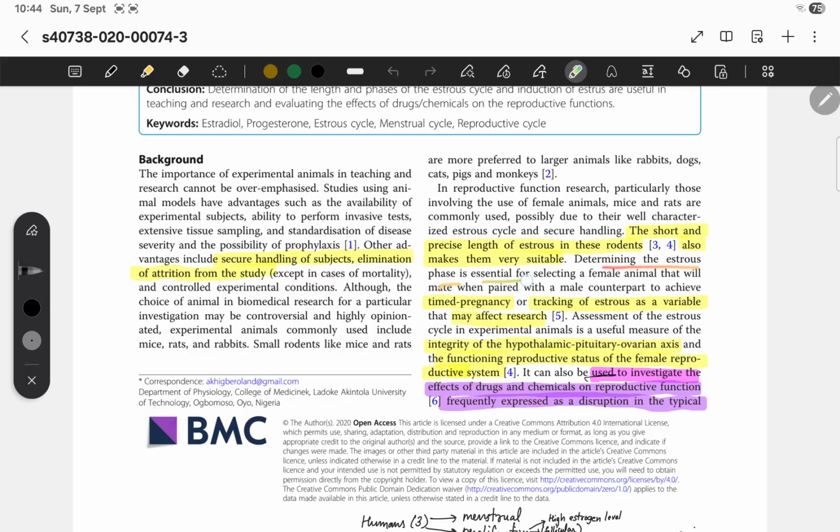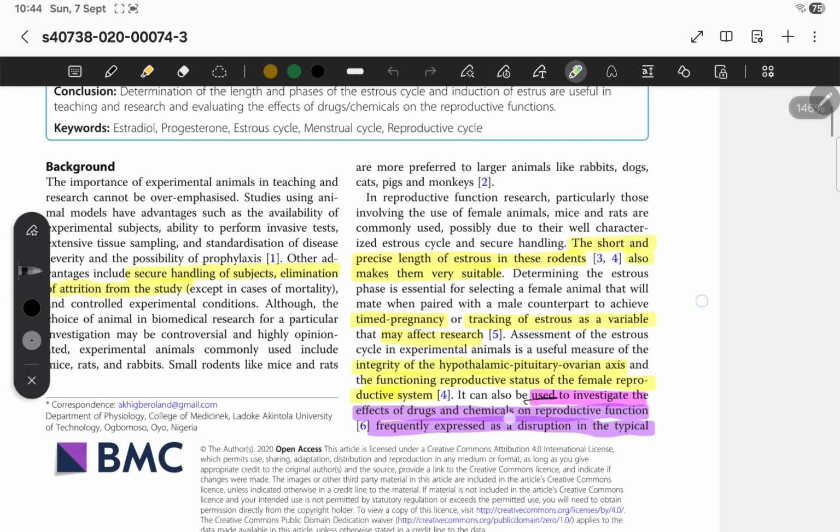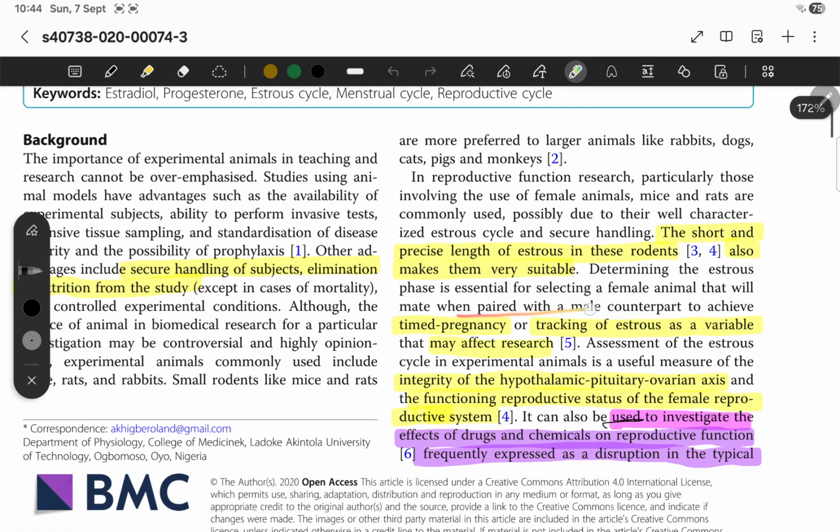Determining the estrus phase is essential for selecting female animals that will mate when paired with the male counterpart to achieve timed pregnancy, or tracking estrus for variables that may affect the research. Assessment of the estrus cycle in the experimental animals is a useful measure for the integrity of the hypothalamic, pituitary and ovarian axis and the functioning reproductive status of the female reproductive system.